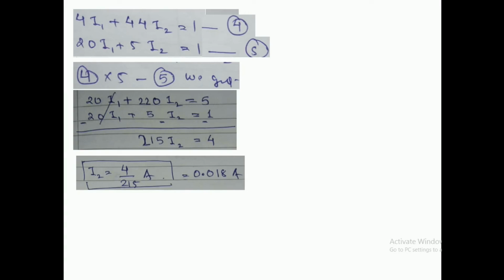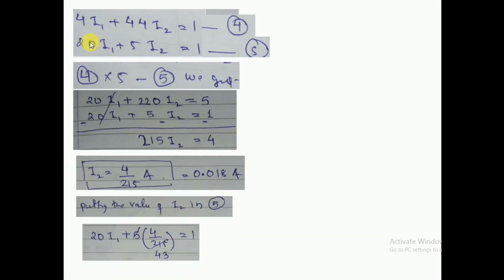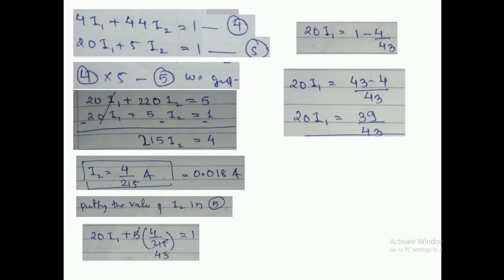Now you can use any of the equations to get I1. I'm putting the value of I2 in equation number 5, so you'll get 20 I1 plus 5 I2 is equal to 1. Then you put the value, and you'll get I1 to be 39 by 43 ampere, and this is 0.45.